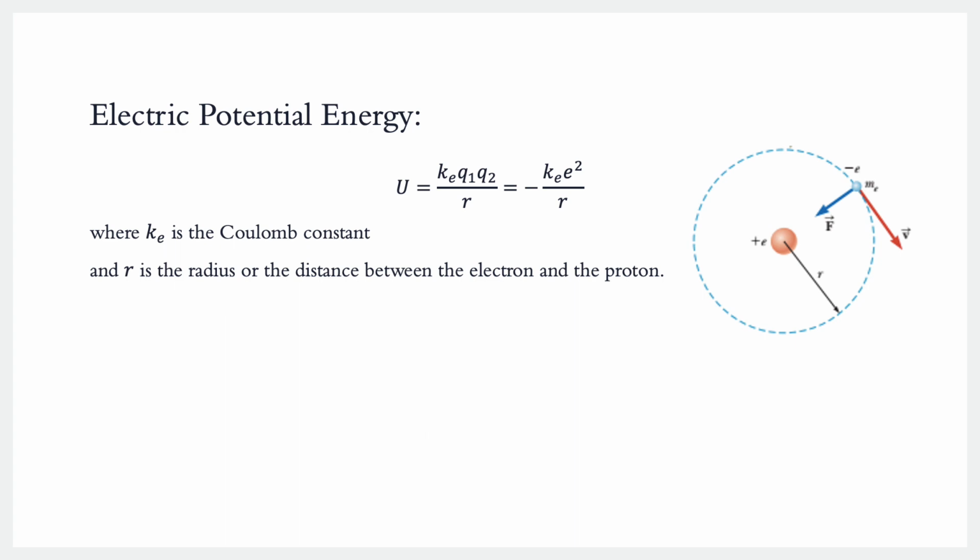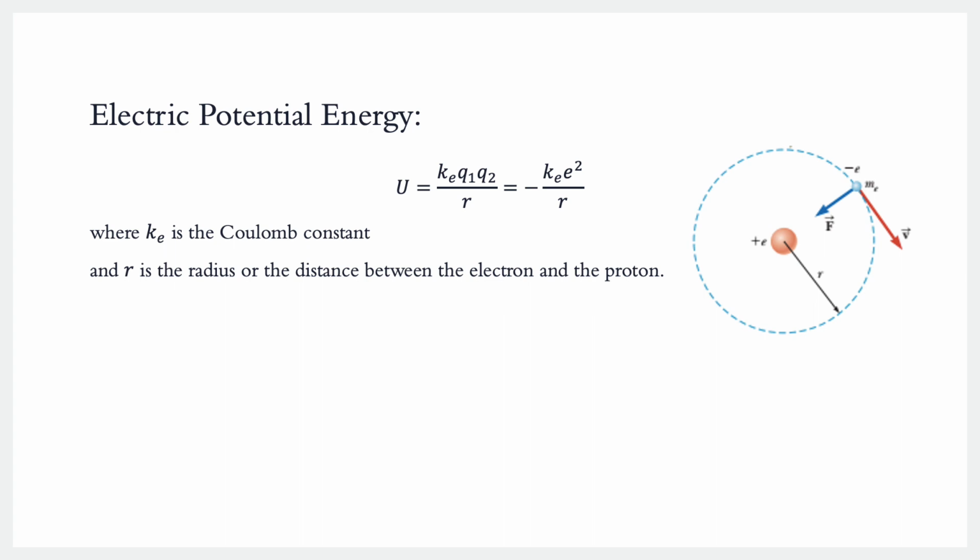Now let's start with electric potential energy. By definition, electric potential energy is a potential energy that is measured in joules that results from conservative Coulomb forces and is associated with the configuration of a particular set of point charges within a defined system.